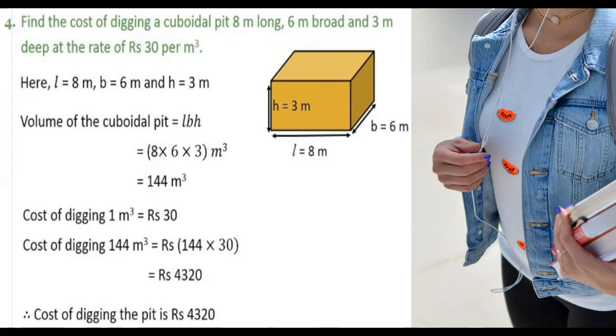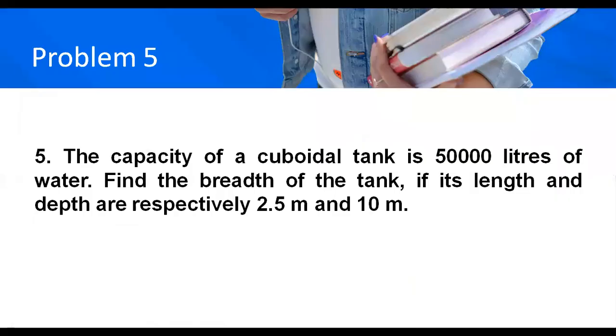Now rate is given as 30 per meter cube. So for 144 meter cube, it is rupees 144 into 30. So we get the value as rupees 4,320.